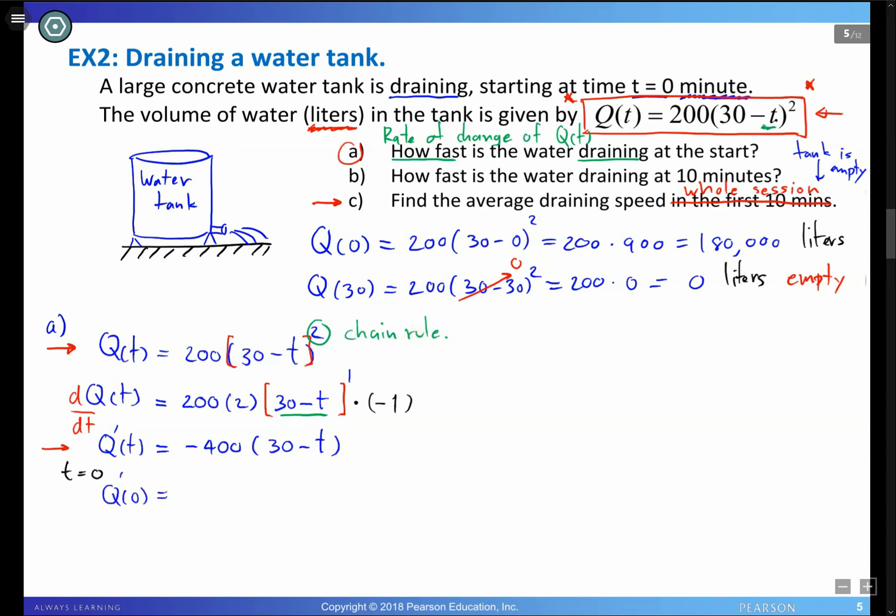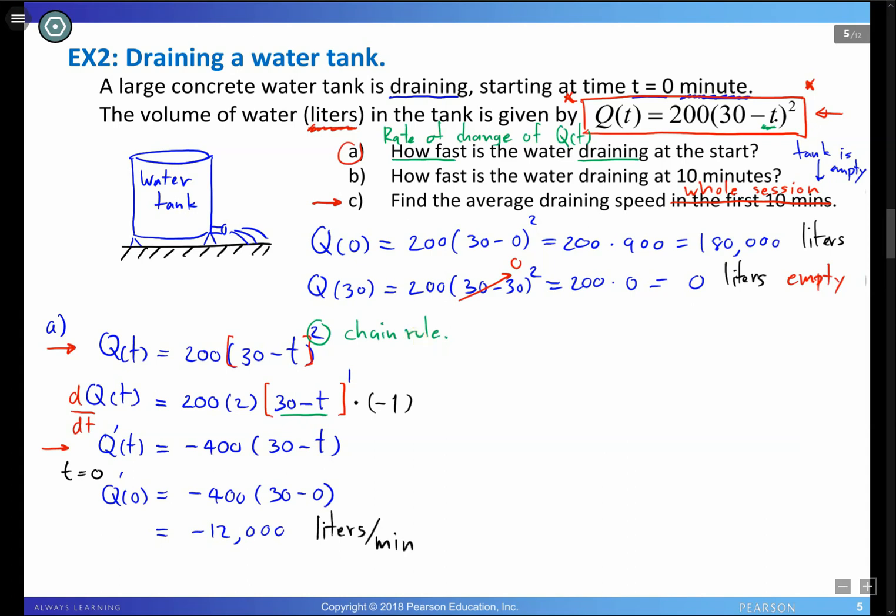It is equal to minus 400 times 30 minus 0. So what do we have here? It's equal to minus 12,000, and the unit is liters per minute.